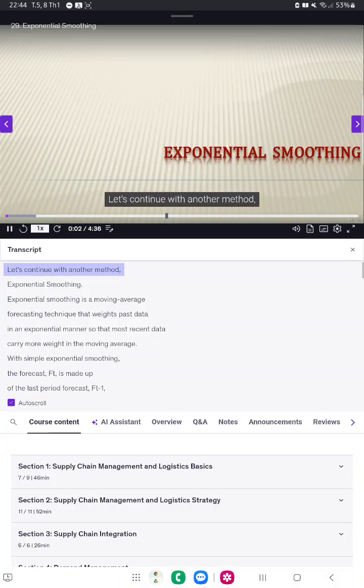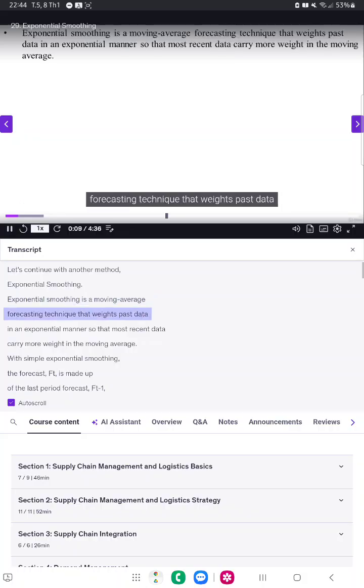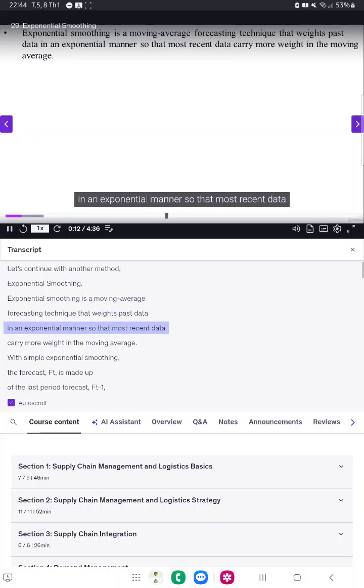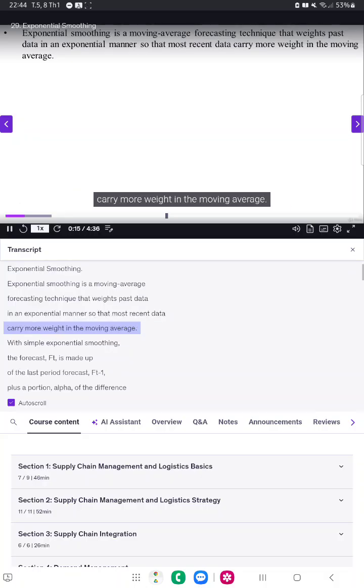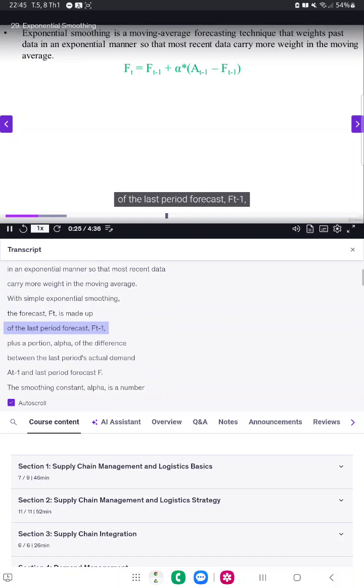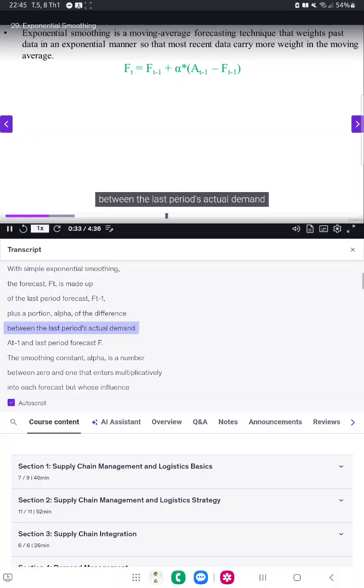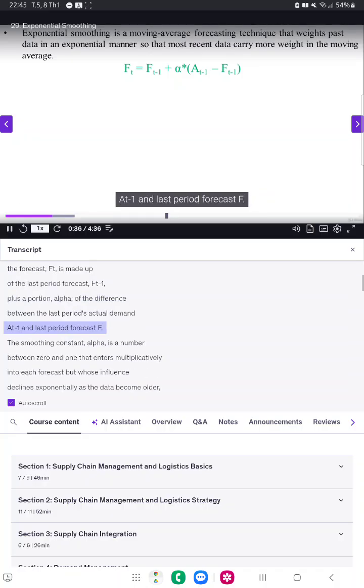Let's continue with another method, exponential smoothing. Exponential smoothing is a moving average forecasting technique that weights past data in an exponential manner so that most recent data carry more weight in the moving average. With simple exponential smoothing, the forecast f_t is made up of the last period forecast f_(t-1) plus a portion alpha of the difference between the last period's actual demand a_(t-1) and last period forecast.